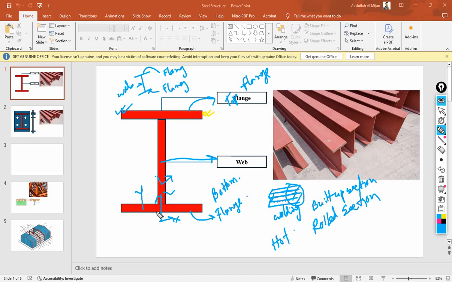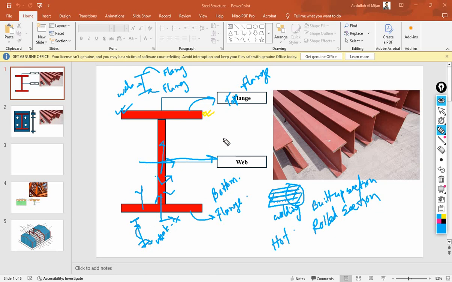So in general, when the depth of the section is much higher compared to its width, its long direction turns to a strong axis, and the smaller width of the section turns to a weak axis. That means this axis is the strong axis and this axis is the weak axis.